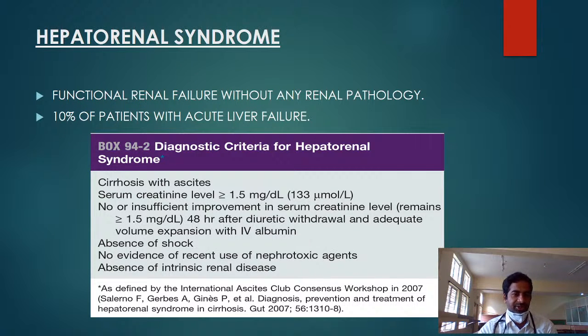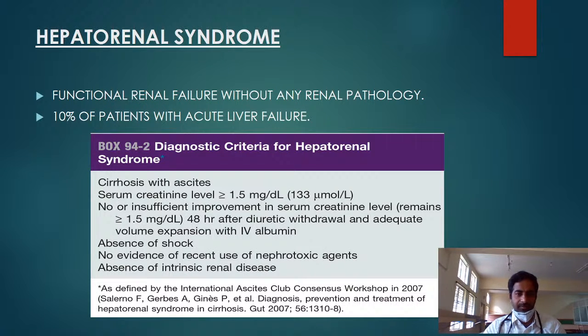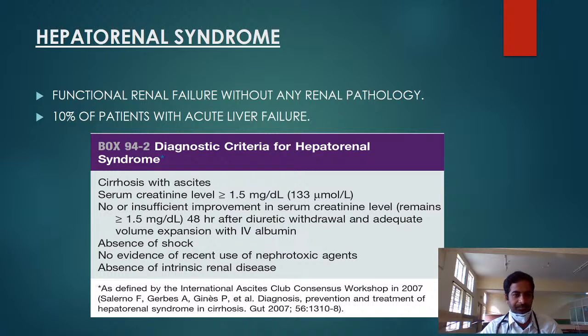About 10% of patients with acute liver failure develop hepatorenal syndrome. The diagnostic criteria for hepatorenal syndrome: cirrhosis with ascites, serum creatinine level greater than 1.5, and no or insufficient improvement in serum creatinine levels even after 48 hours of diuretic withdrawal and adequate volume expansion with IV albumin.